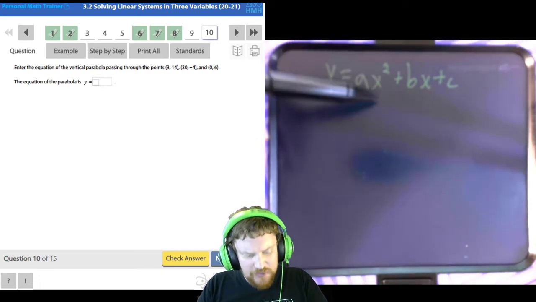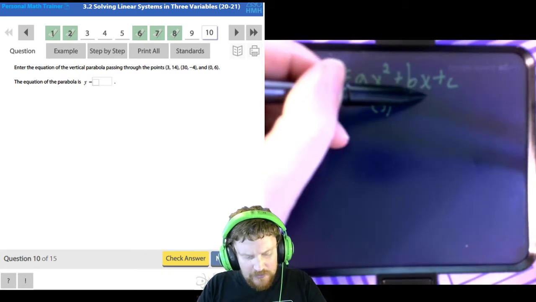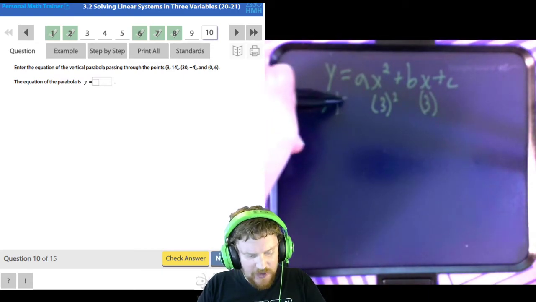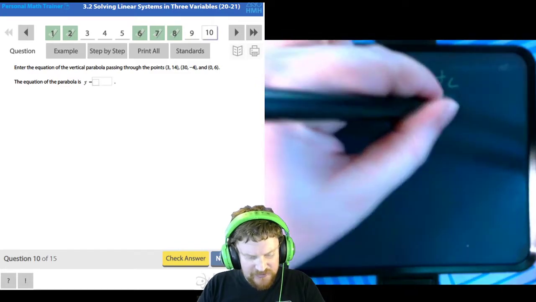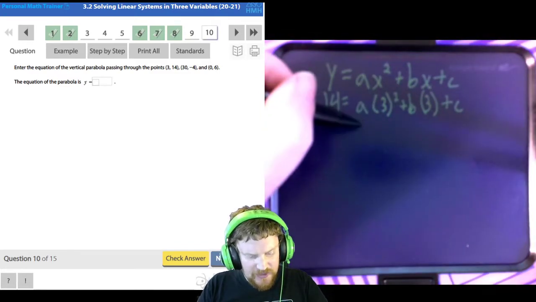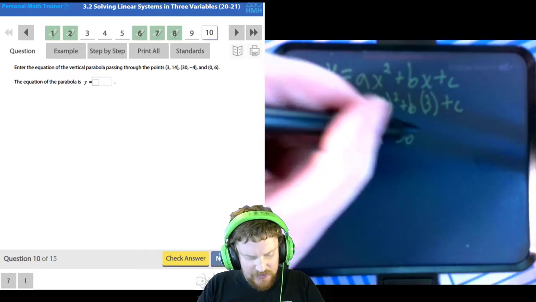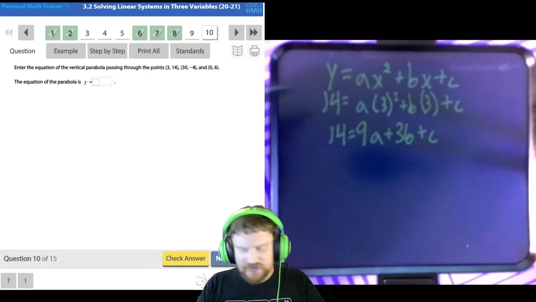Well, that means if I plug in a 3 for x, and a 3 for this x, I'm going to get a 14 for y. And 3 squared is 9, so this is 9a plus 3b plus c. 14 equals that.